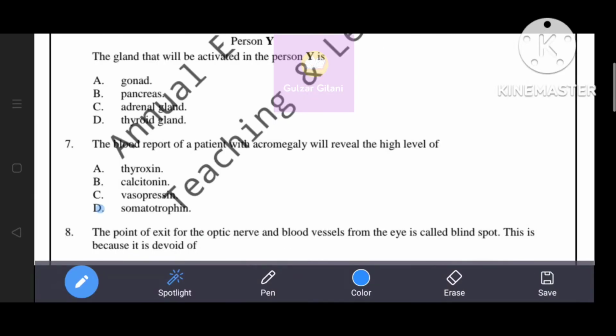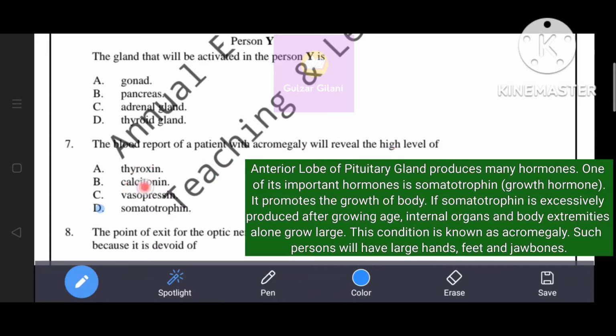Next question. The blood report of a patient with acromegaly will reveal the high level of, given options में से जो correct answer है वो है option D, that is somatotrophin. Means option D is the correct answer. As you know, the anterior lobe of the pituitary gland produces many hormones.